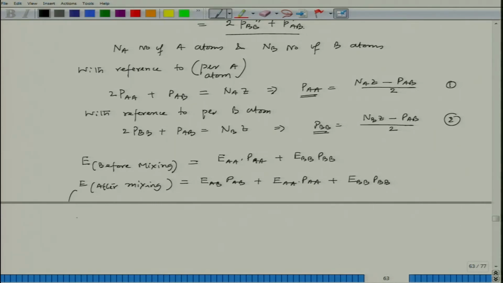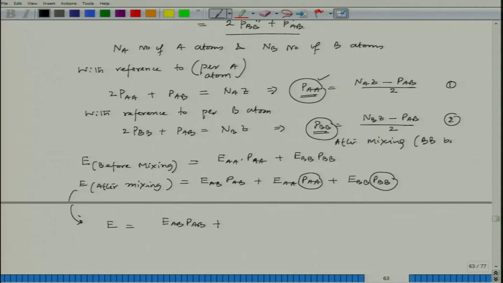Now, this particular equation we can get to E equal to EAB PAB. Now, we can replace these two particular terms from this, because this is the number after mixing. So, now if I replace it, this is the total BB bonds after mixing. This is also AA bonds after mixing.